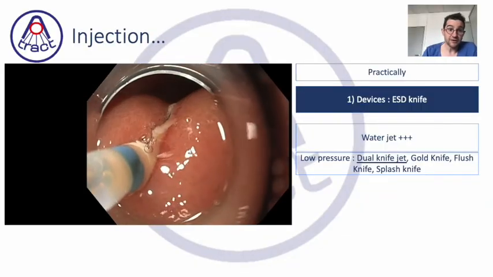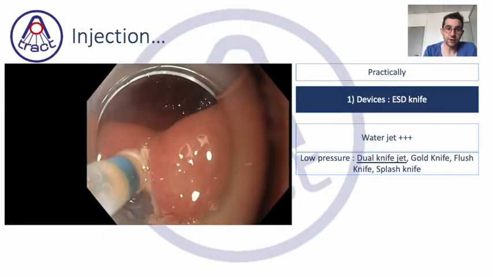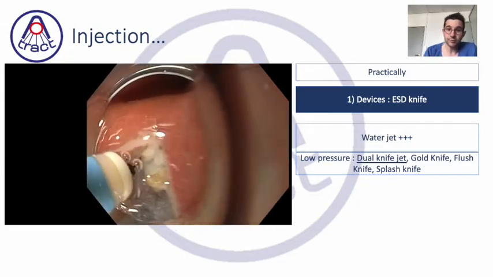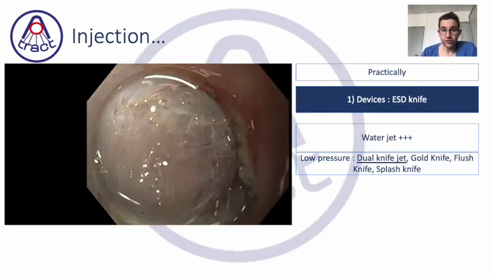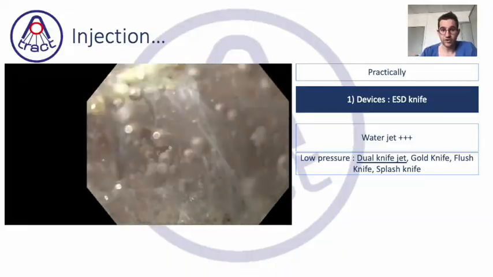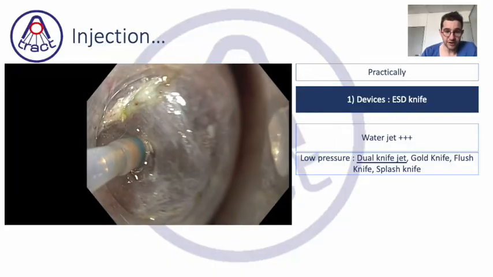So the rate of obstruction of the water jet function is very, very low with this knife. So for us, it's one of the very good knives, but almost all the brands now propose a knife with a water jet function, like the gold knife, the flush knife, the splash knife, the dual knife jet.